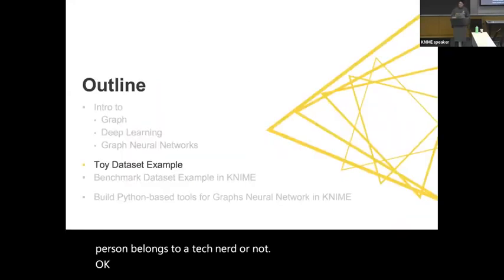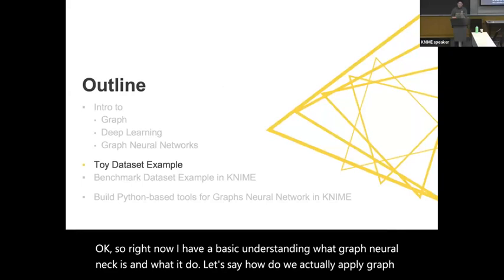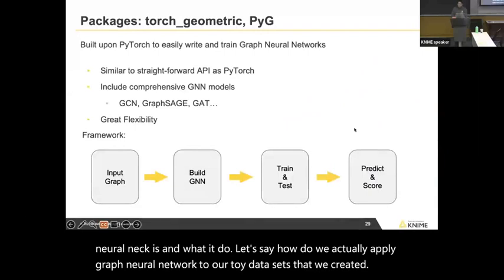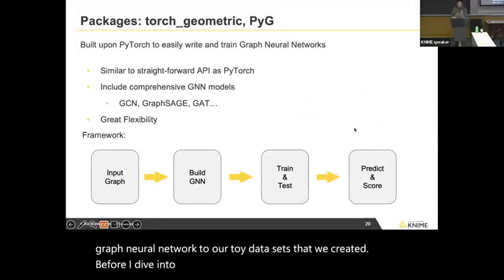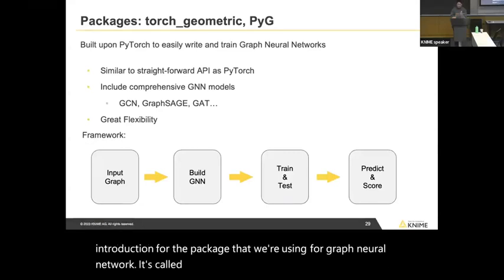Okay, so right now we have a basic understanding of what a graph neural network is and what it does. Let's see how we actually apply graph neural networks to the toy datasets that we created. Before I dive into anything, I'm just going to quickly introduce the package we're using for graph neural networks. It's called PyTorch Geometric, also short for PyG.